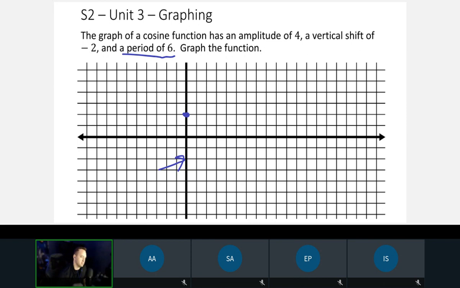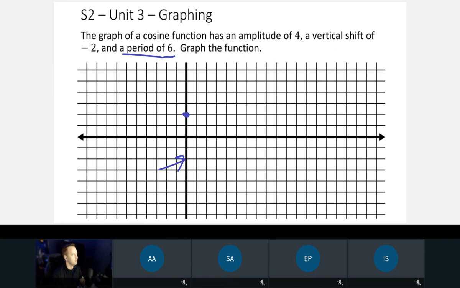Michaela says it's the length of the whole up or down. That's also technically correct, but I want more specific wording. Emily, there you go. Perfect. How long it takes for it to repeat. So the period is 1 full cycle before it does it all over again, right? Yep, 1 revolution. I knew what you meant, Emily and Michaela. You just didn't have the right verbiage, but you know what it meant, so we're good. Math isn't a vocab test.